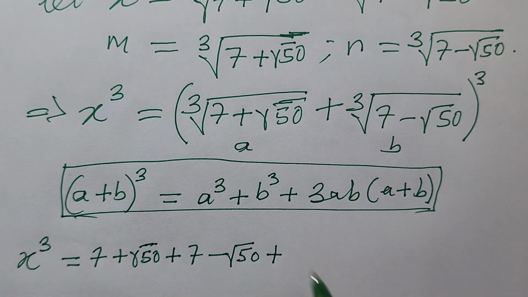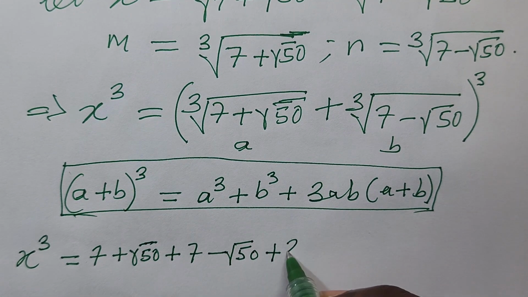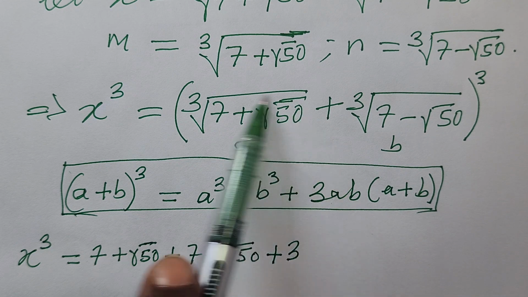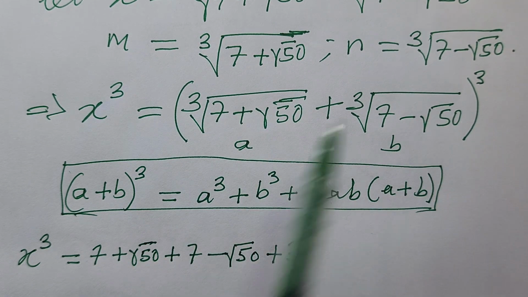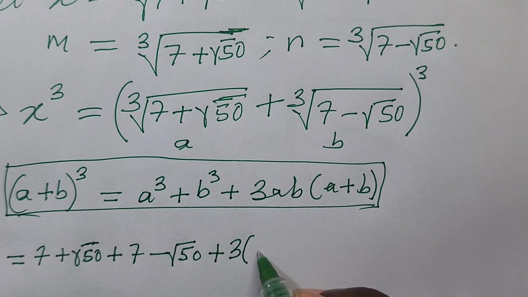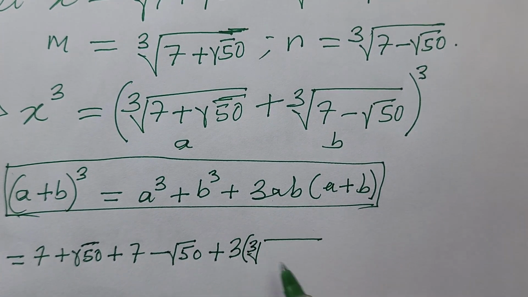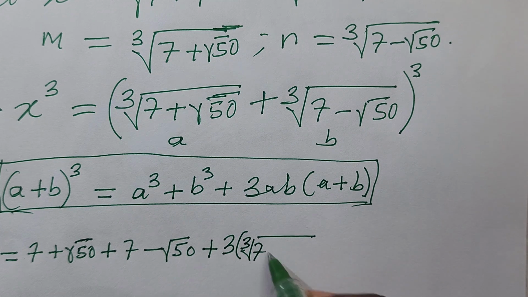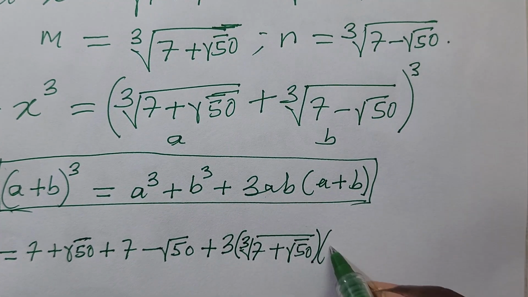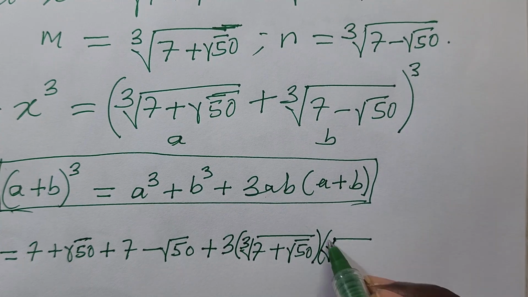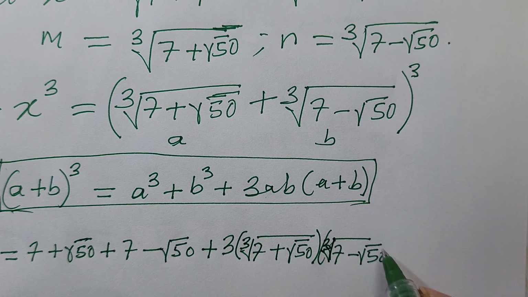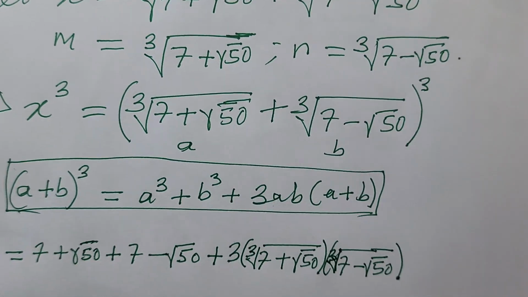Then we have plus 3, which is our constant term, times A times B. We said the whole of this is A and the whole of this is B. So this gives us bracket, the cube root of 7 plus the square root of 50 close bracket, bracket, the cube root of 7 minus the square root of 50, close bracket.